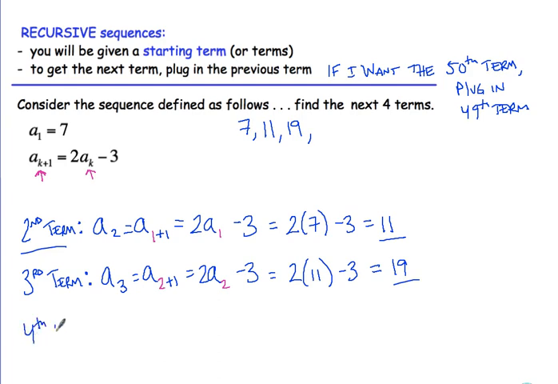Okay, fourth term. Fourth term is a sub 4. In order for this subscript to be a 4, what would I have to plug in for k? K would have to be a 3.